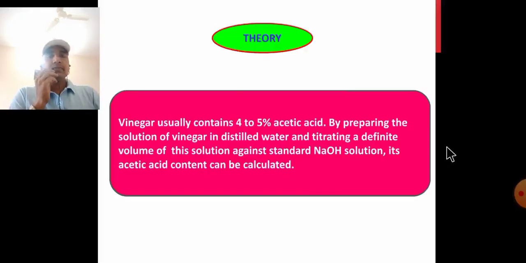Theory: vinegar usually contains 4 to 5% acetic acid. By preparing a solution of vinegar in distilled water and titrating a definite volume of it against standard NaOH solution, its acetic acid content can be calculated by the titration method.